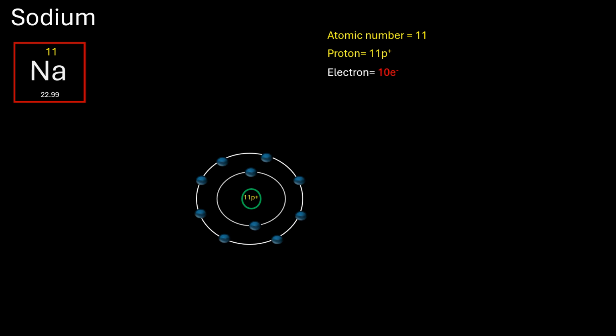So now we have 10 electrons for sodium. So sodium will now have a charge. Let's check to see what that charge would be. So 11 protons minus 10 electrons, and that gives us a positive 1 charge. So sodium now has a positive 1 charge.